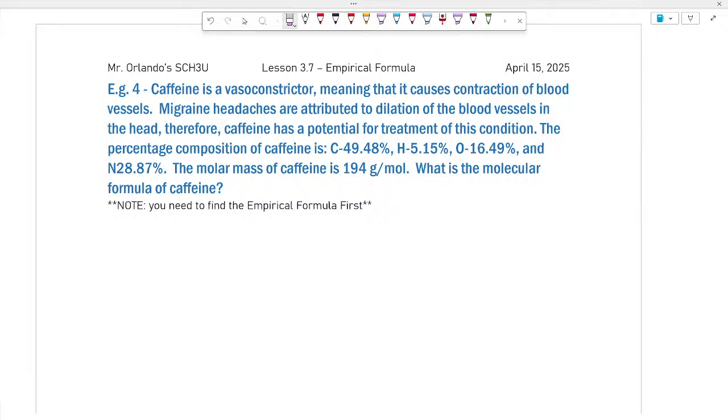Are there any rules about which element you hit first? Yeah, as a rule of thumb, and nothing's perfect, we work left to right on the periodic table, and then H is a wild card. H is crazy. It'll end up all over the place. It usually isn't put first unless you're talking about an acid.